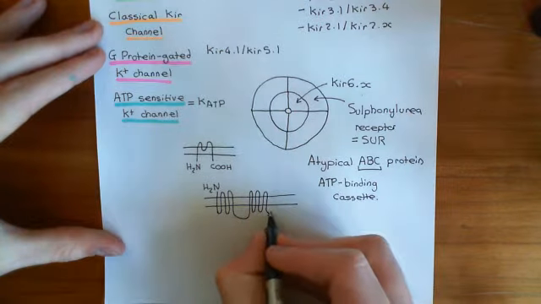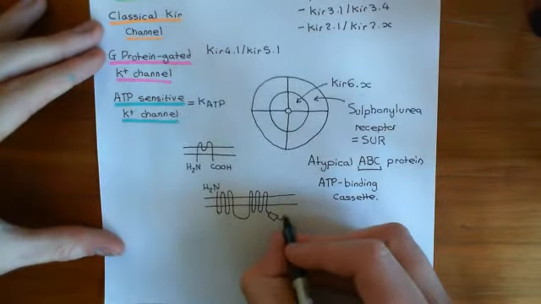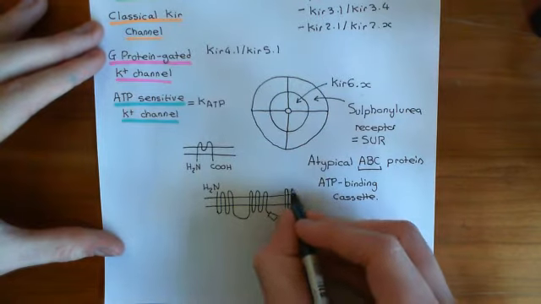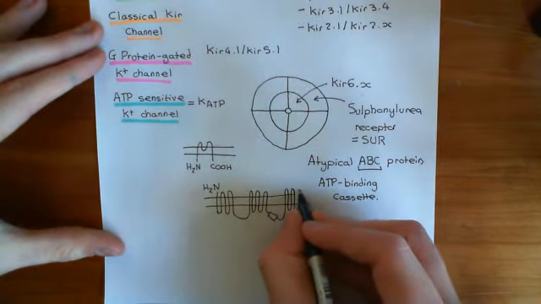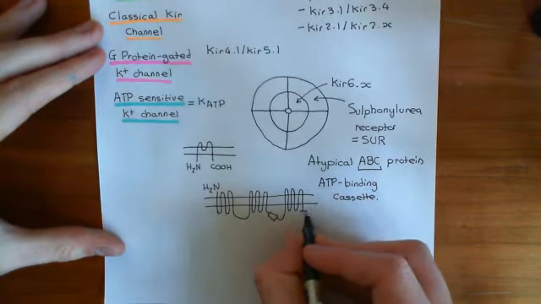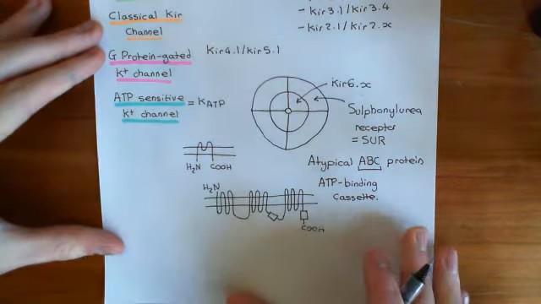Then you have a very special domain called the nucleotide binding domain 1. And then you have another region of 6 membrane-spanning alpha helices here, and finally another nucleotide binding domain known as the nucleotide binding domain 2, and then you have the carboxylic acid group here.